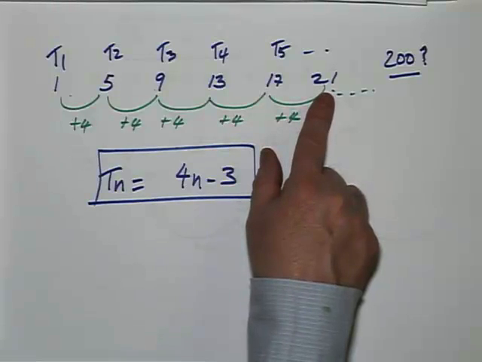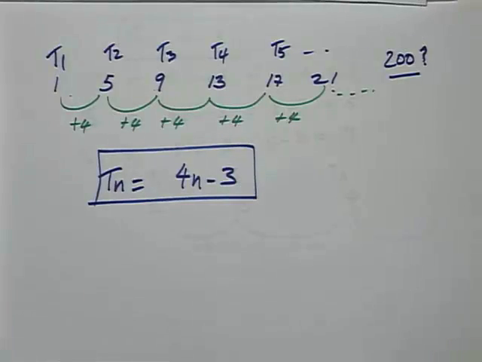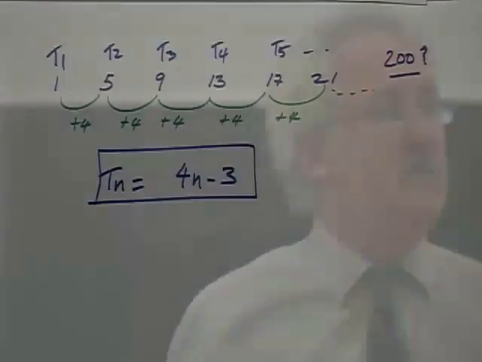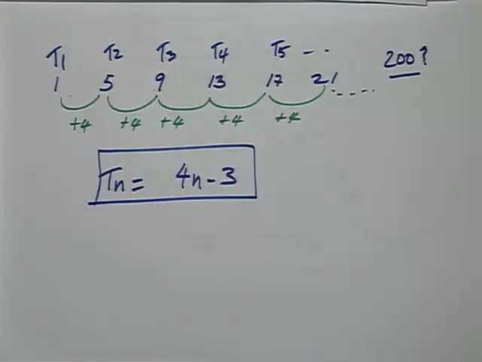Well, look at all the numbers. Anything about the numbers 1, 5, 9? They're all odd. If they're all odd, will 200 be one of the numbers? No. Is that fair? It's going to be an odd number. But which term is it?